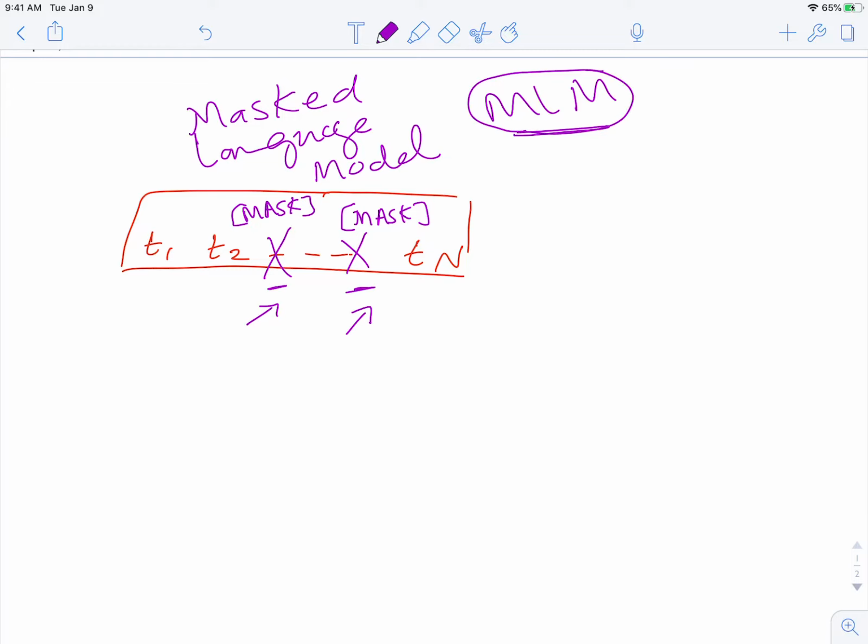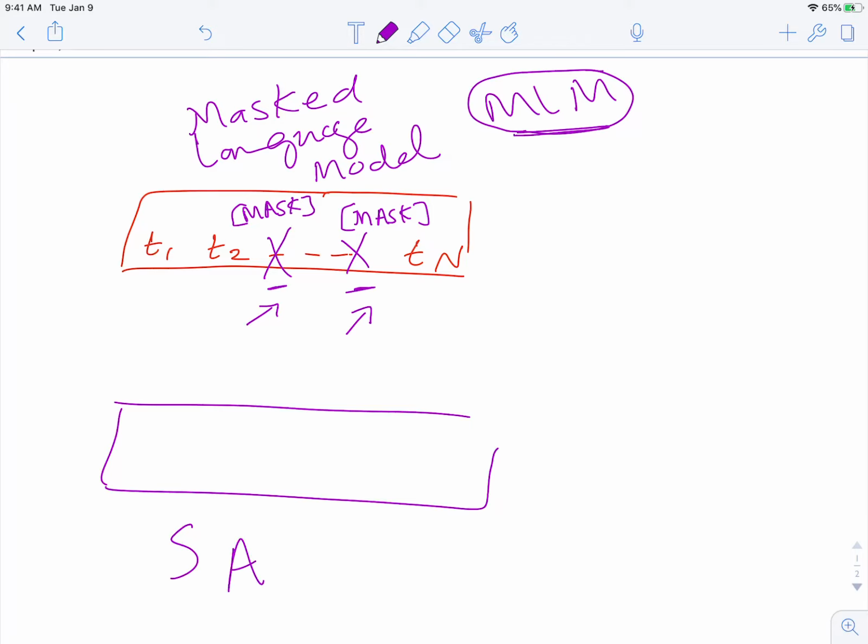The second task is basically called a next sentence prediction task. So let's say again I have this sentence. Okay, let's call it sentence A, and then it has these tokens, 1 to n, and then I now have a sentence, but I don't know if this sentence is really in the original data.